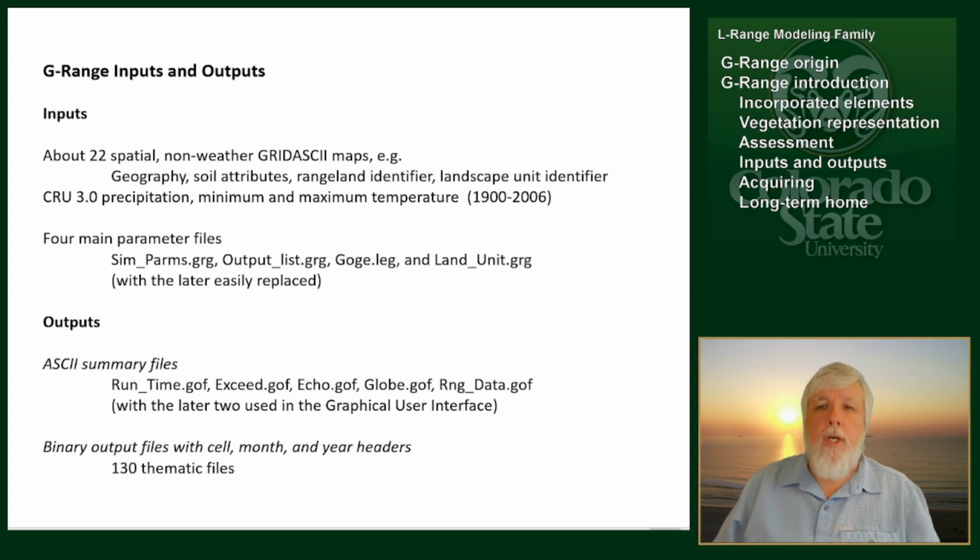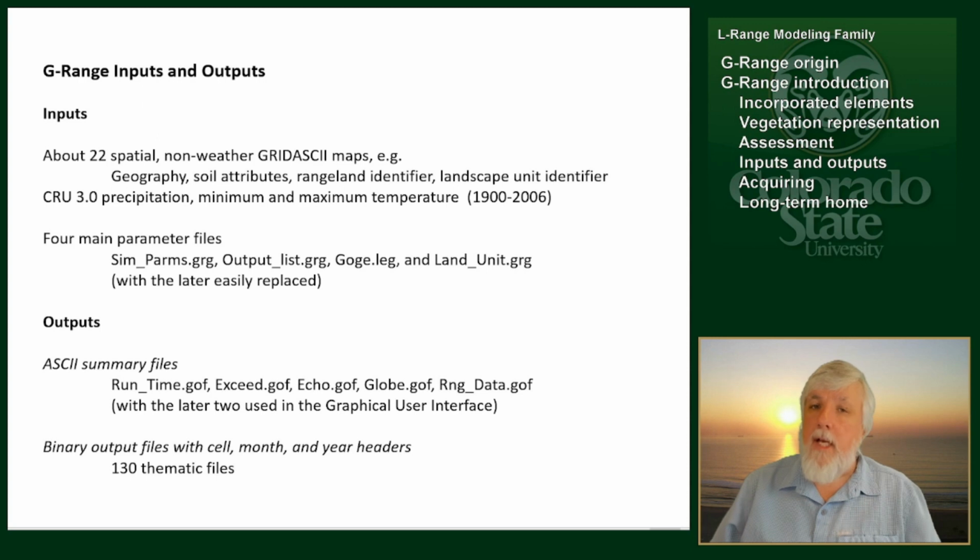And then in addition, there are the climate data that are used to actually drive the model. So for example, it might be CRU, if you're familiar with that database, the precipitation, minimum and maximum temperature, or it could be output from any one of the many global circulation models that drive G-range.